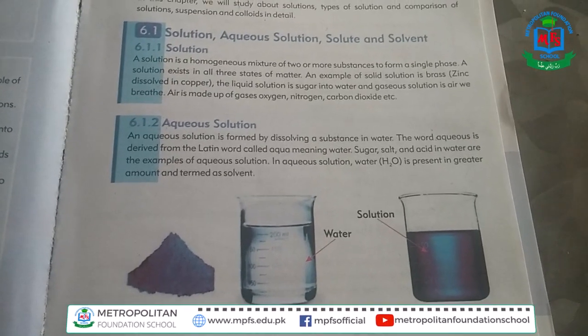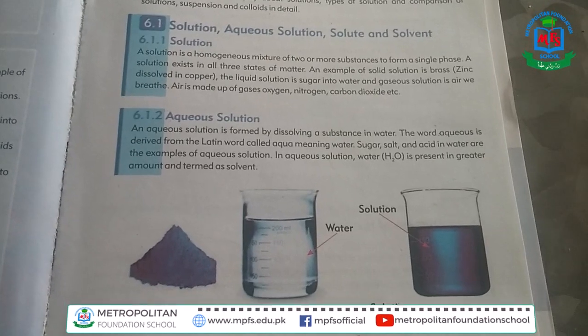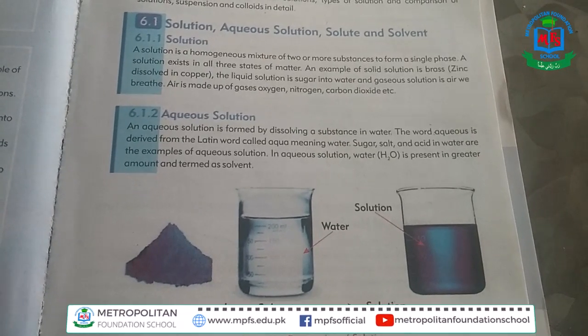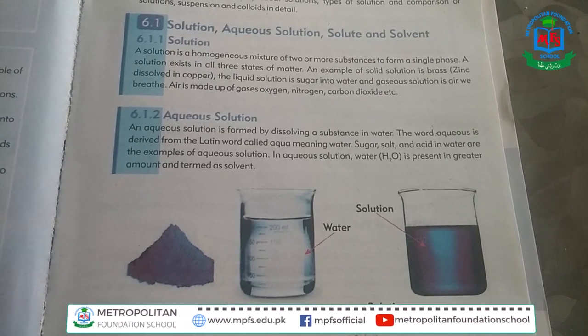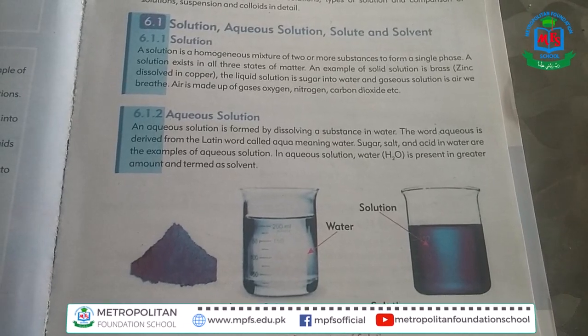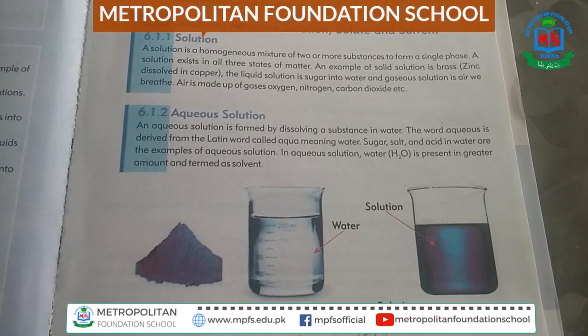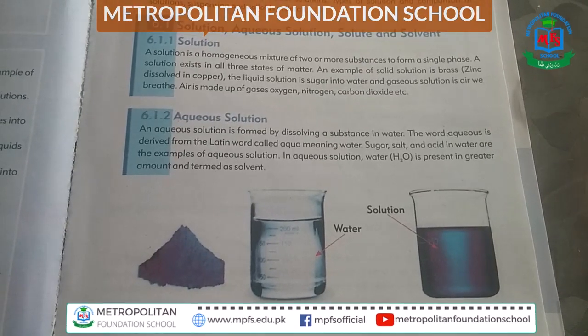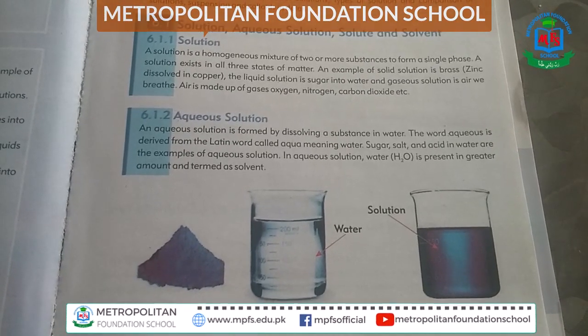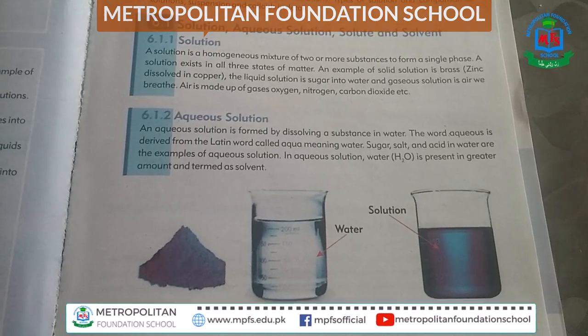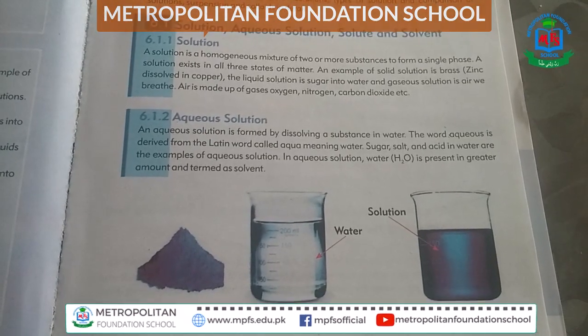If we dissolve 5% of salt in water, we make salt solution. So in this case, salt is solute and water is solvent. Why is water called solvent? Because it is present in greater amount in solution.